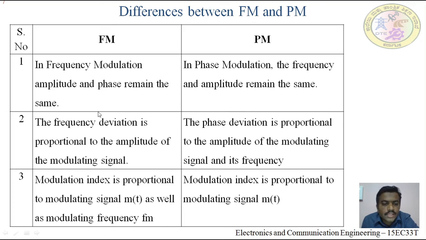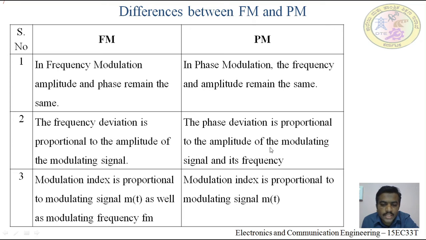The frequency change is proportional to the amplitude of the modulating signal in frequency modulation. In phase modulation, the change in the phase is proportional to the change in the amplitude as well as the frequency of the modulating signal.